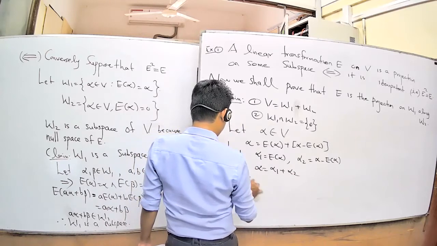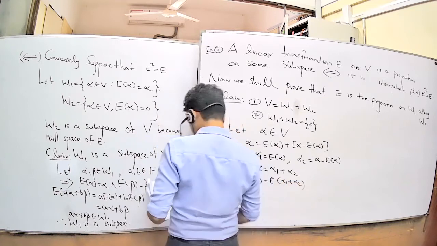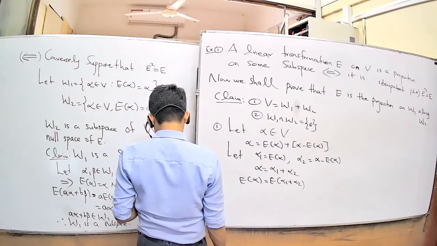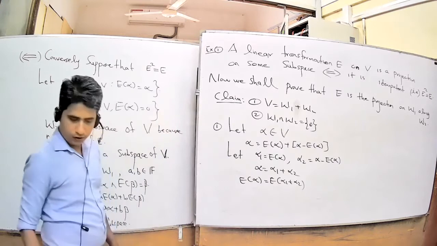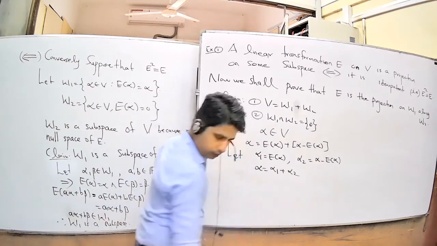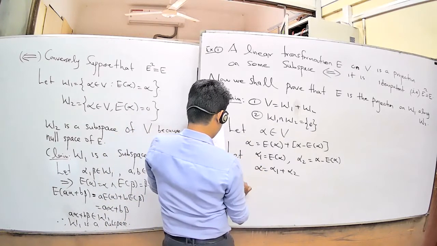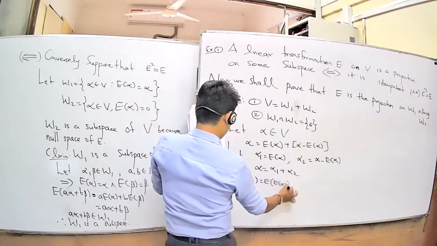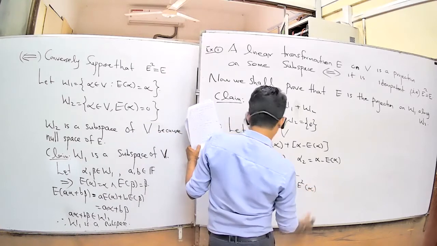Therefore, take E on both sides. Using this part first, we take E on both sides: E of alpha 1 is E of E alpha, which means E squared alpha.